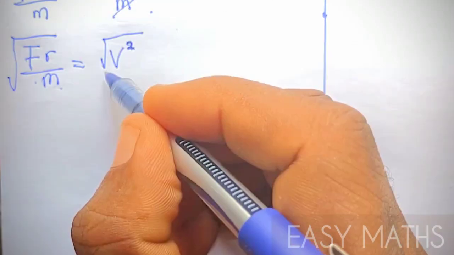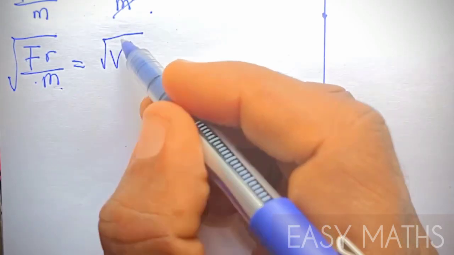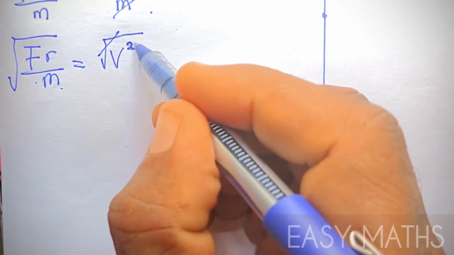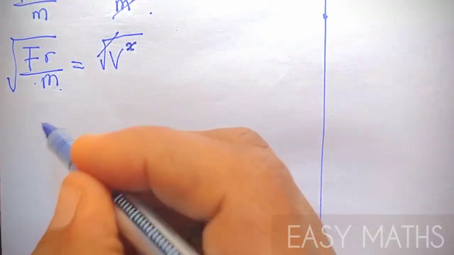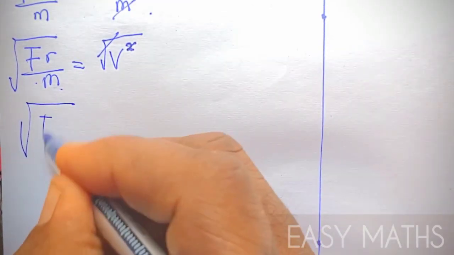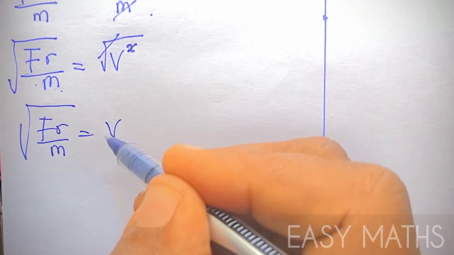So if we square root the variable with a square, the square root is going to cancel the square. So we are now going to have square root of f r over m equals v.